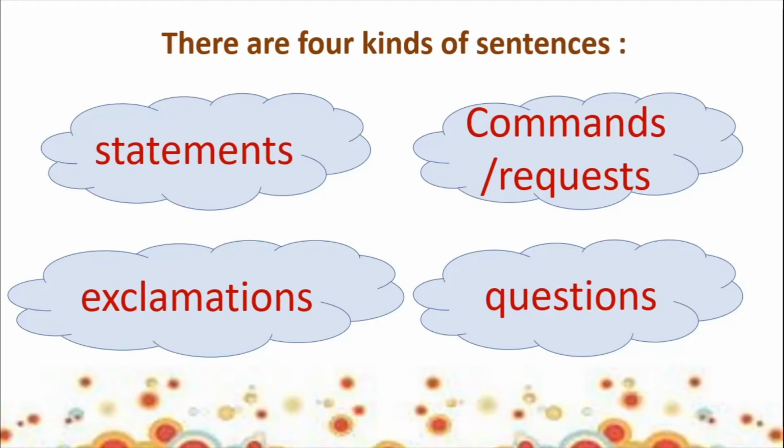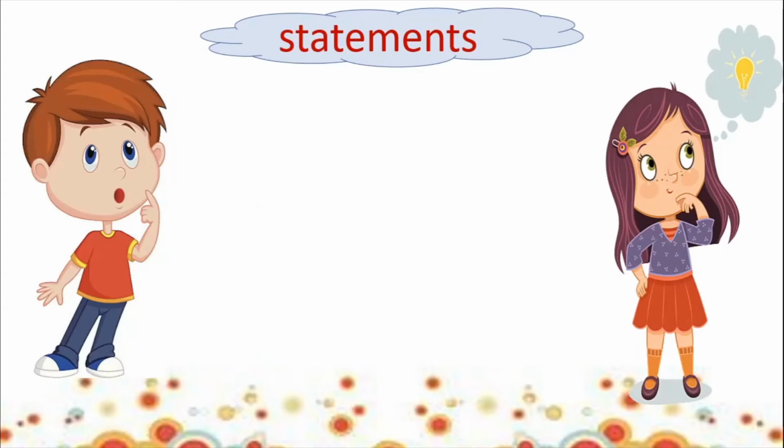Alright, so now when you know what a sentence is, let us also understand what the kinds of sentences are. So once again, what are the kinds of sentences? You have statements, you have commands or requests, you have exclamations and questions. Alright, let us move on and look at each of them in detail with some interesting examples also.